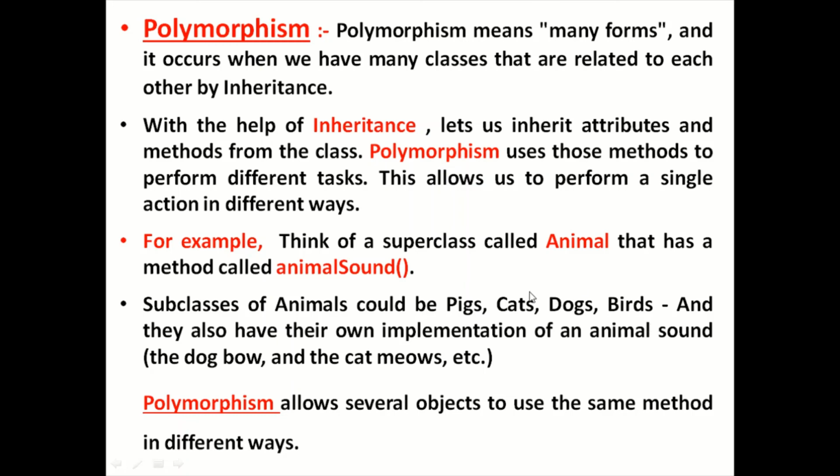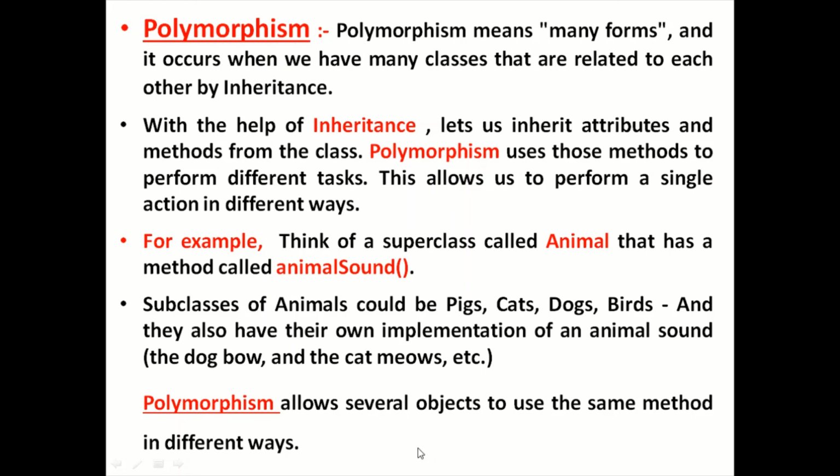Why? Because each animal has a different sound implemented on its own. So here polymorphism works by taking the same method to all the objects, but it shows in a different way. That is how polymorphism works.